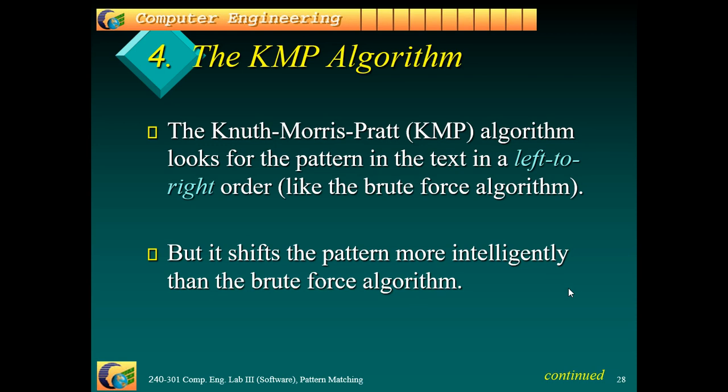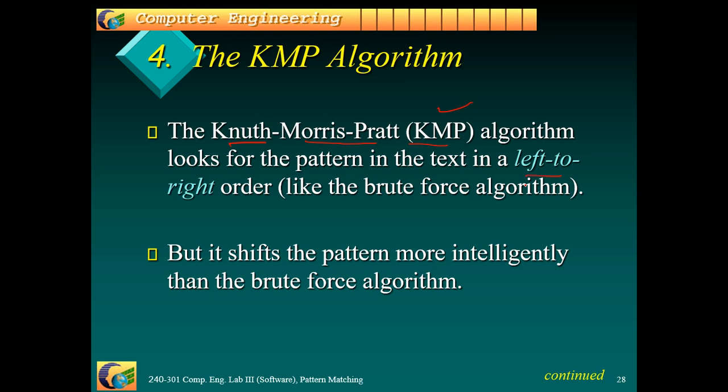Now coming to the next algorithm, that is Knuth-Morris-Pratt. This is another algorithm which is better than, I can say, brute force. If you see, in brute force we were comparing from left to right.